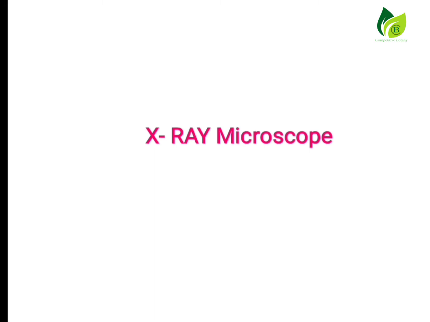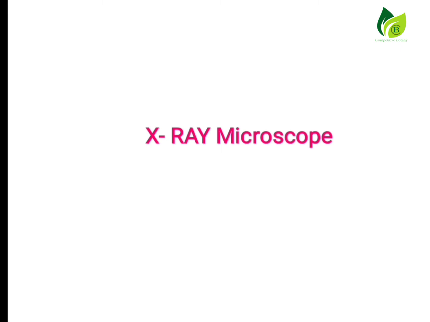Here it uses X-rays as the source of illumination. X-rays possess extremely short wavelengths and have great penetration power in thin living tissues. So here the illuminating source is X-rays.